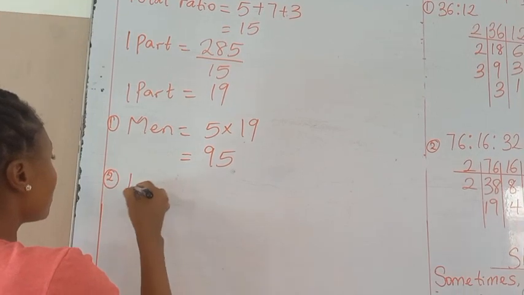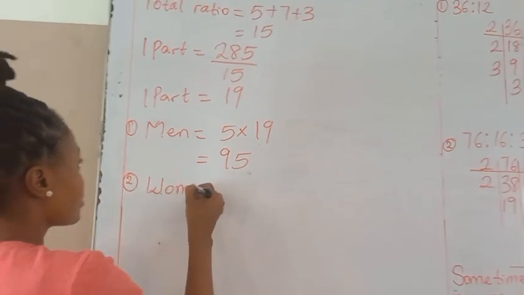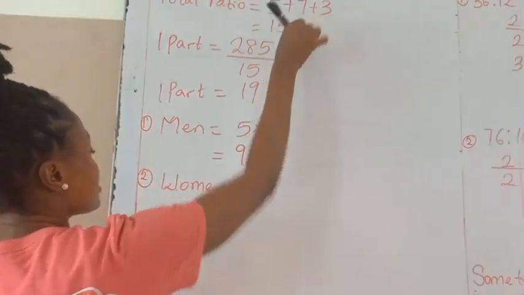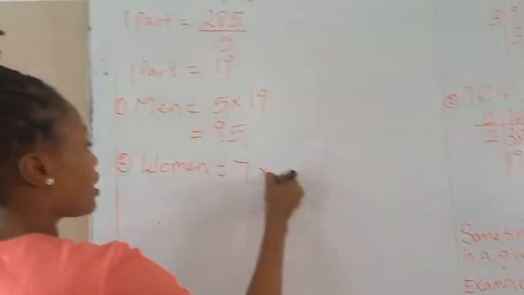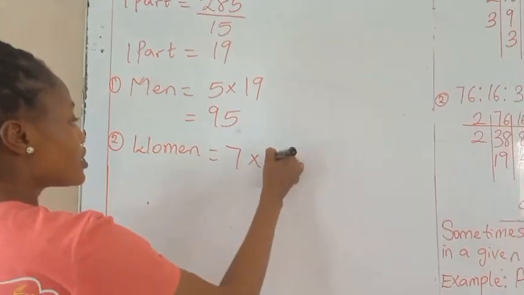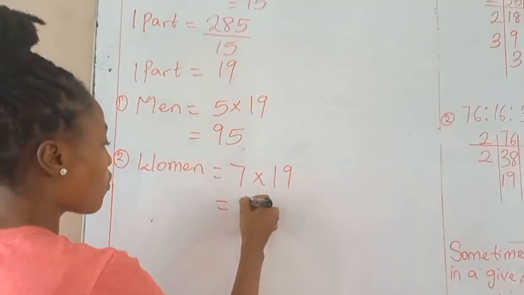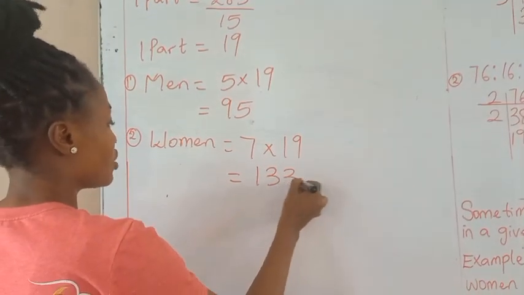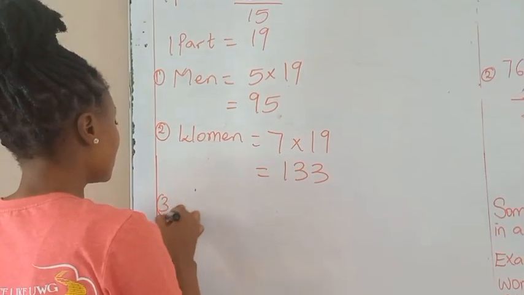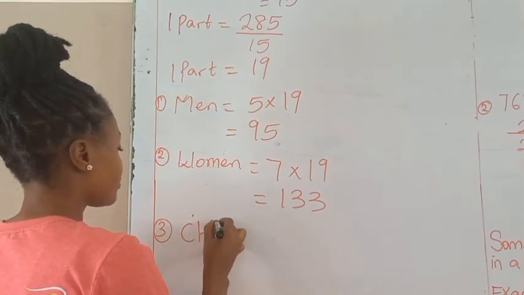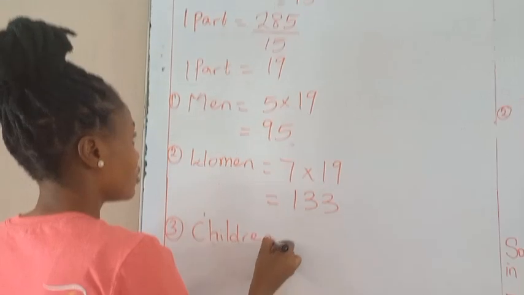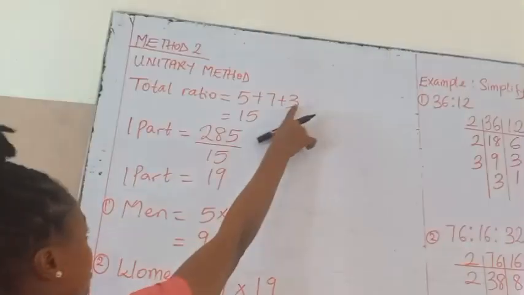Then women. Women part is 7. That is 7 multiplied by your 1 part, 19. 7 times 19 gives 133. Then the third one, children. Children is 3.